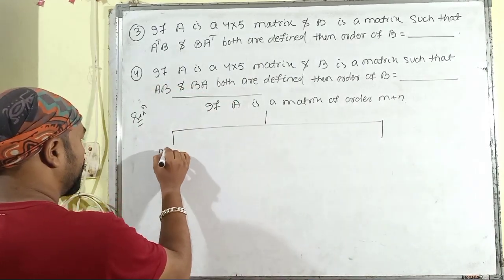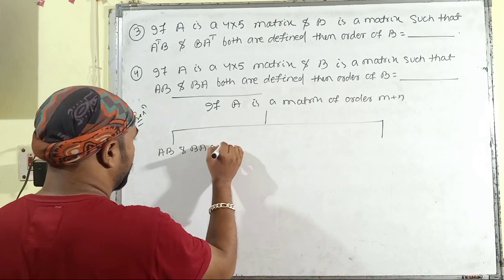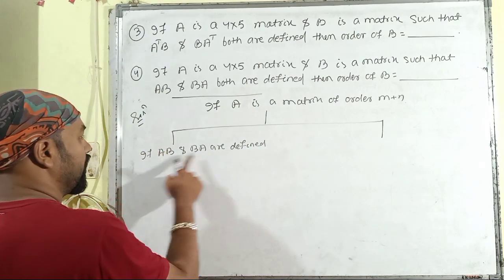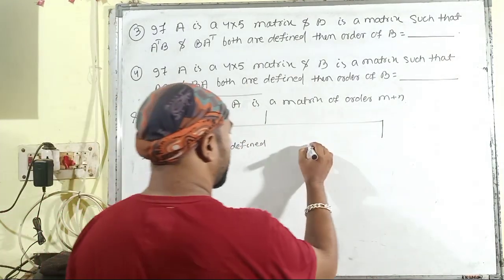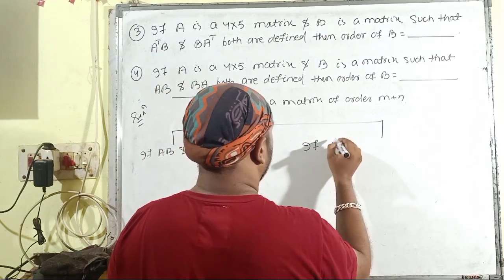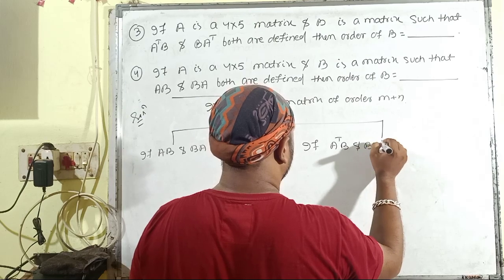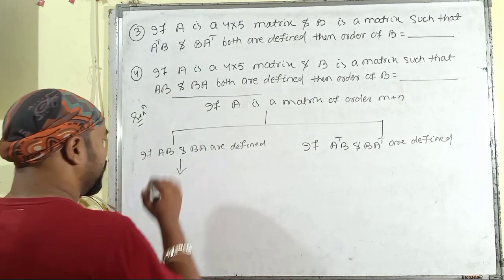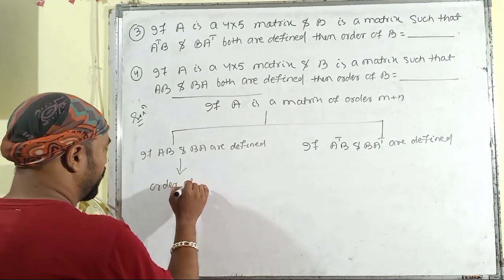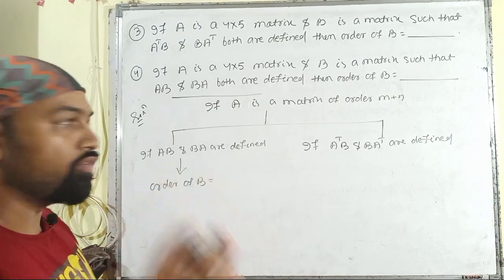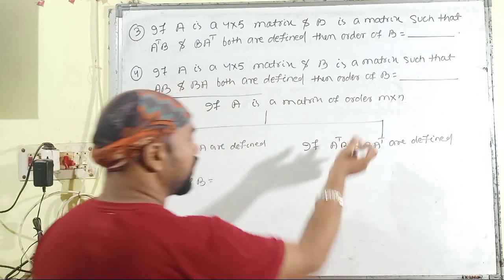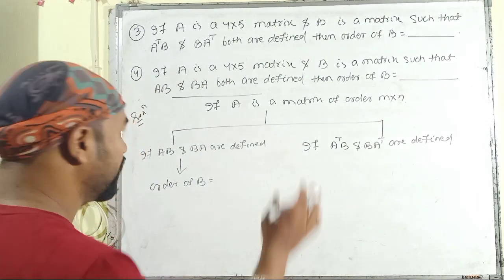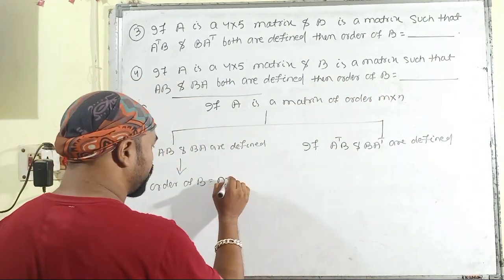The first one is: if AB and BA are defined, then the order of B is just the reverse of the order of A. The order of the matrix A is given as m cross n, so the reverse of order m cross n will be n cross m.